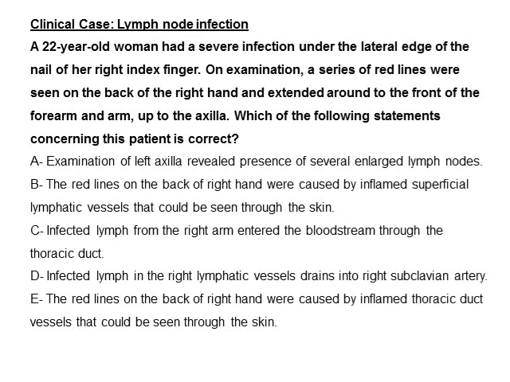So what we have been seeing through the back of the right hand can't be due to inflammation of the thoracic duct. So that's why this is wrong. The correct answer is B: the red lines on the back of the right hand were caused by inflamed superficial lymphatic vessels that could be seen through the skin.